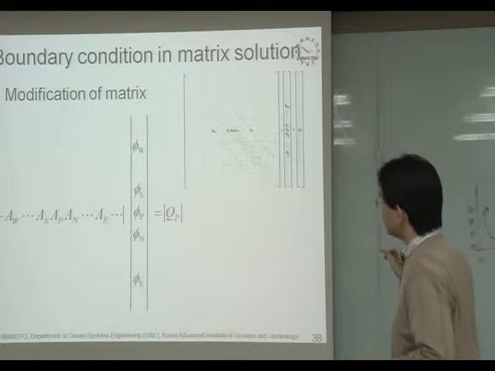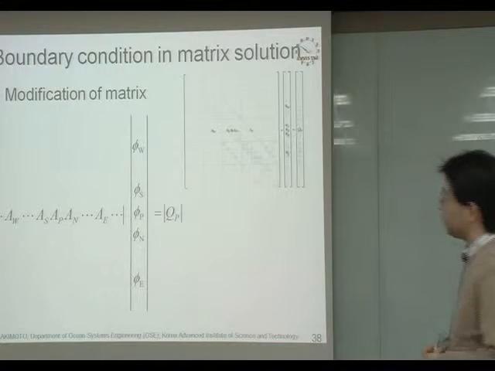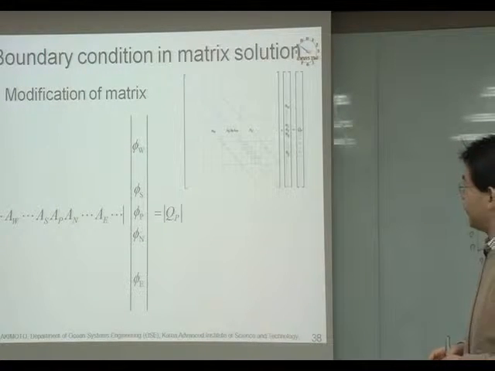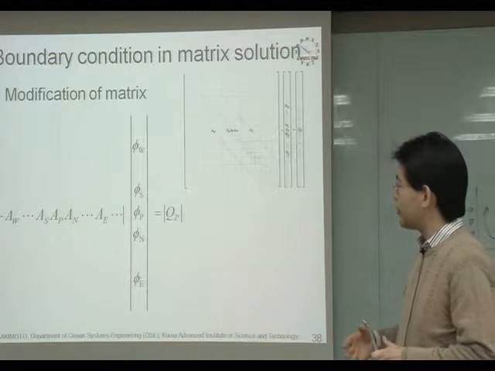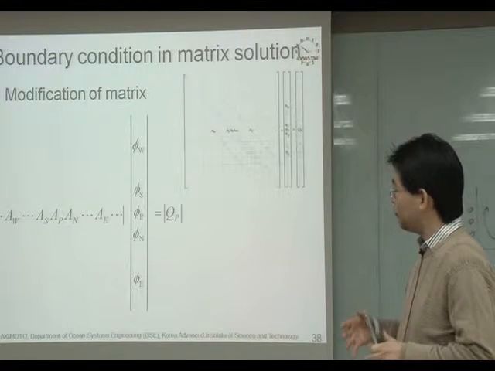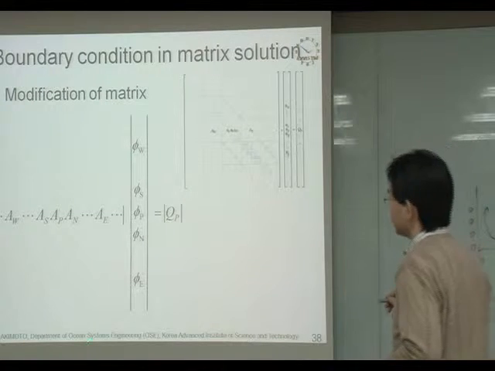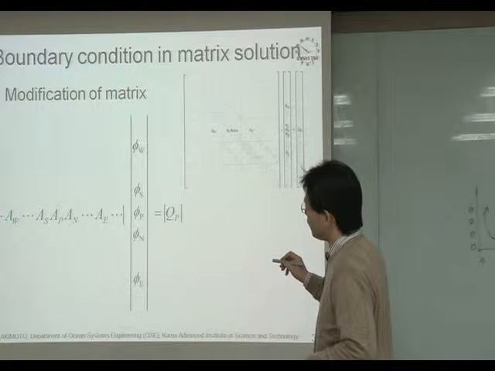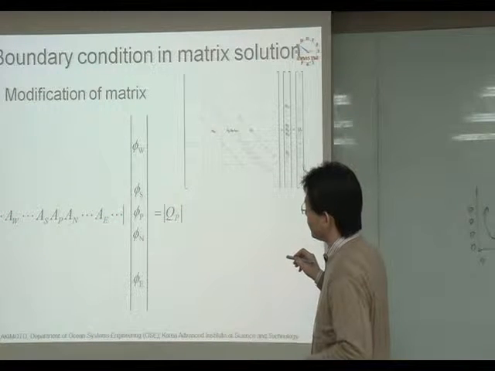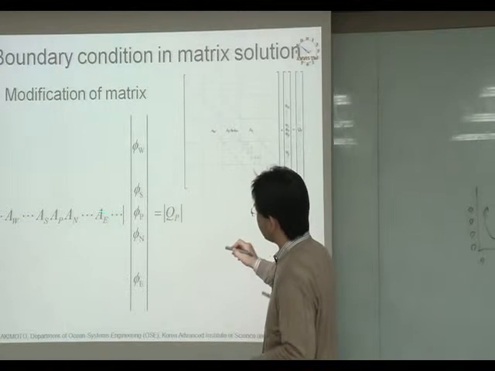So if the computational point is in the fluid domain and it is a normal fluid point, the part of the matrix solution is like this.